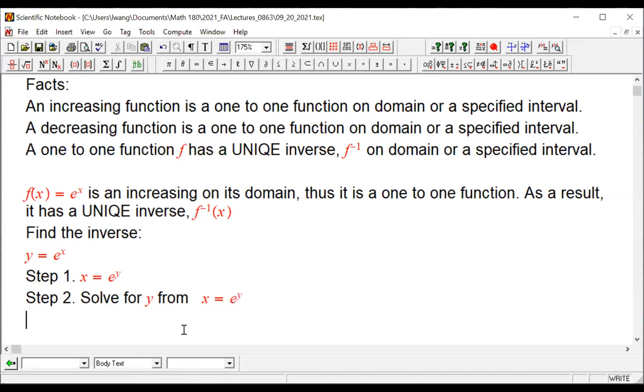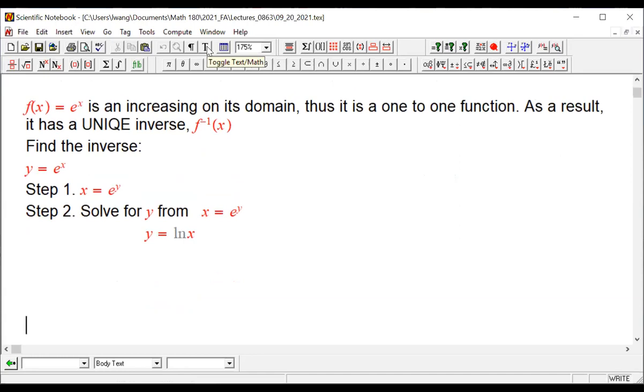The definition of logarithm. That's how we got y equals ln x. Okay, so is everybody with me?